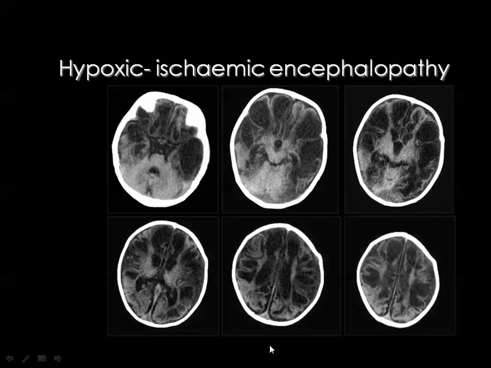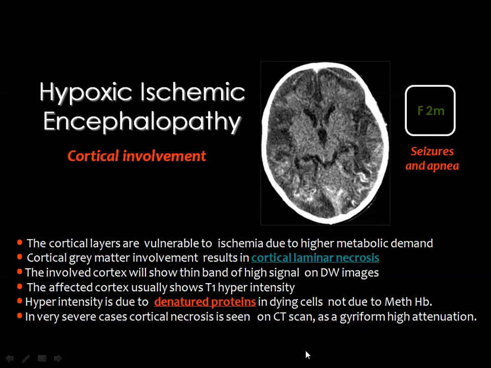And hypoxic ischemic encephalopathy later on will result in cystic encephalomalacia in the brain parenchyma with severe damage of the brain tissue and the consequent dilatation of the ventricles due to loss of volume of the cerebral tissue.